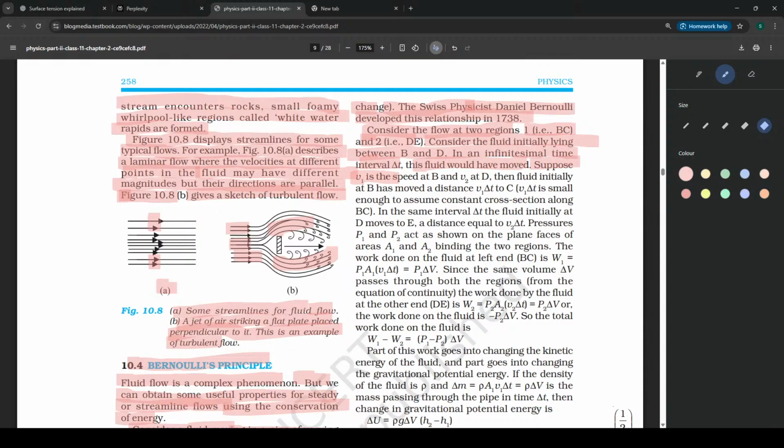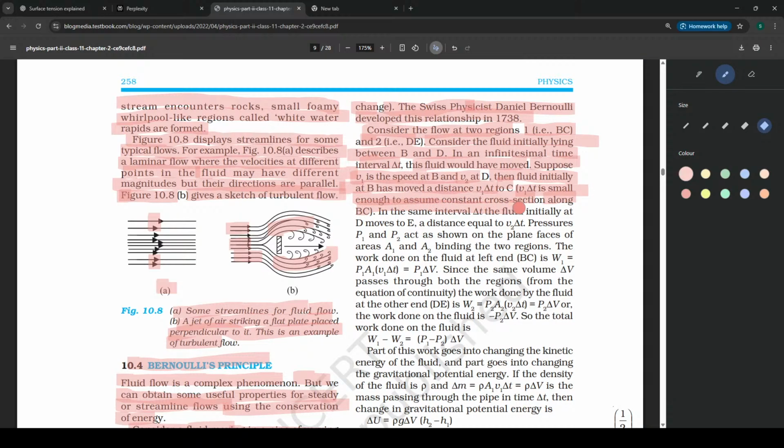Suppose V1 is the speed at BC and V2 at DE, and the fluid initially at B has moved a distance of V1 delta t to C. V1 delta t is small enough to assume constant cross section along BC.